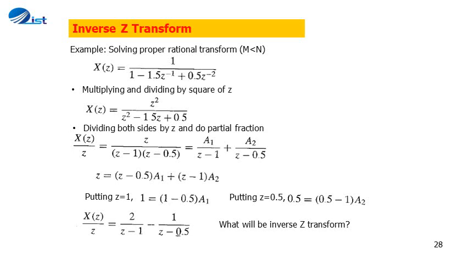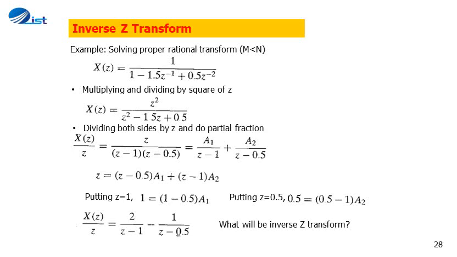And then we will do the partial fraction. In this case, we can see that the two roots of the denominator, 1 and 0.5, are not the same. So the partial fraction would be A1 over z minus 1 plus A2 over z minus 0.5. And by rearranging, putting the values of z equal to 1 and z equal to 0.5, we will find the values of A1 and A2.